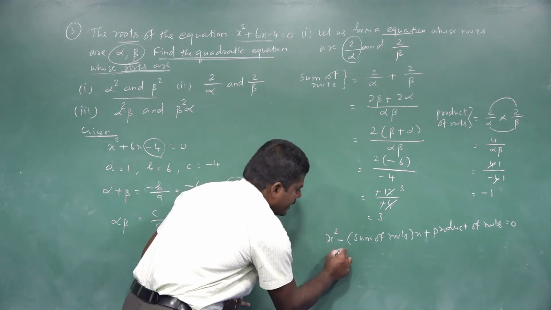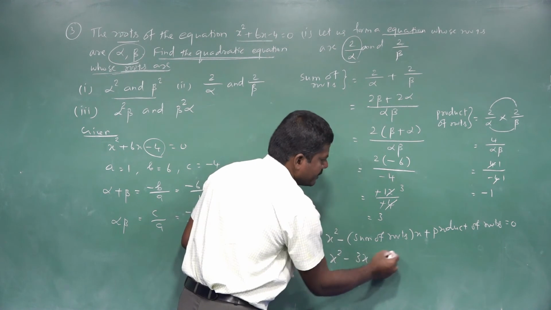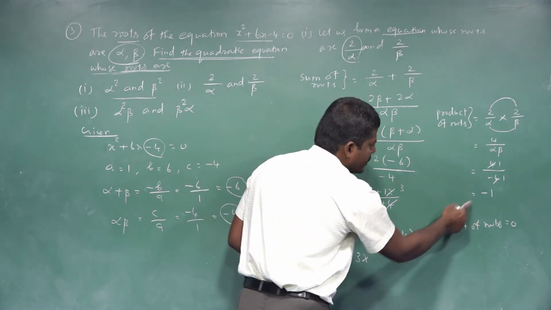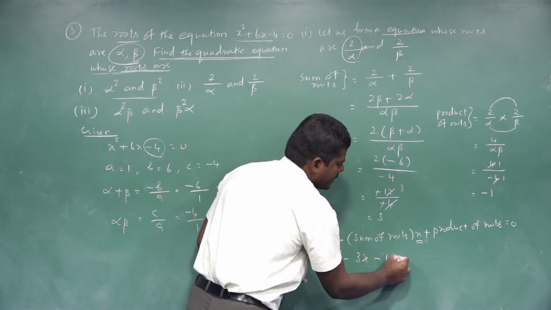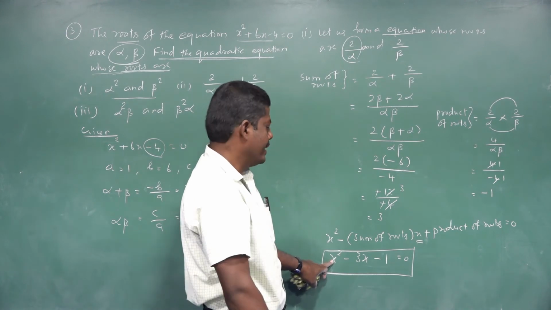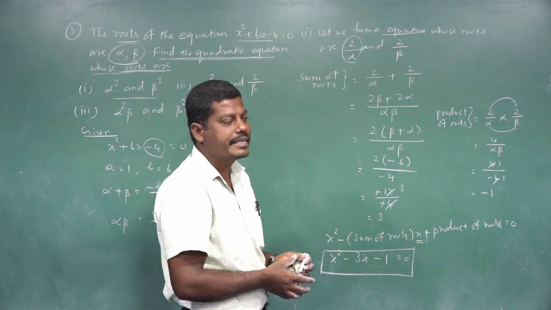So x square minus sum of the roots, how much? 3, 3x. Plus product of roots, so plus into minus, minus 1, equal to 0. x square minus 3x minus 1 equal to 0. Understand? Next you take question number 3.